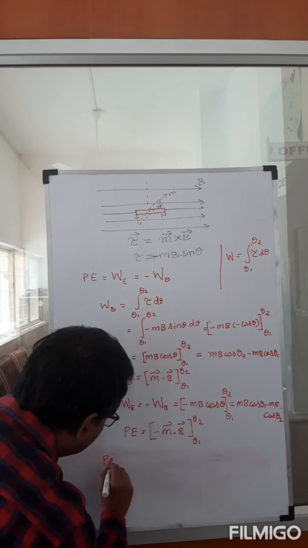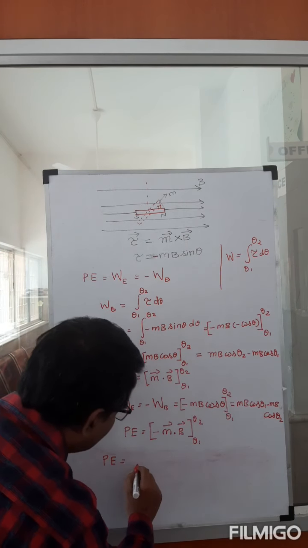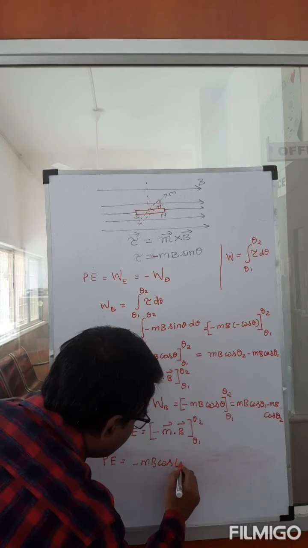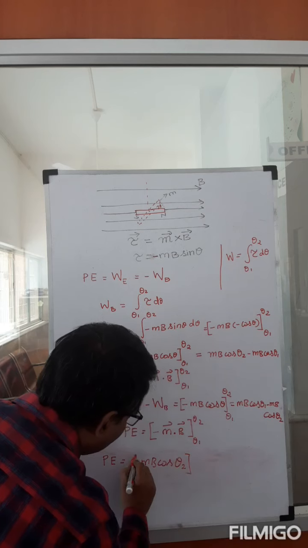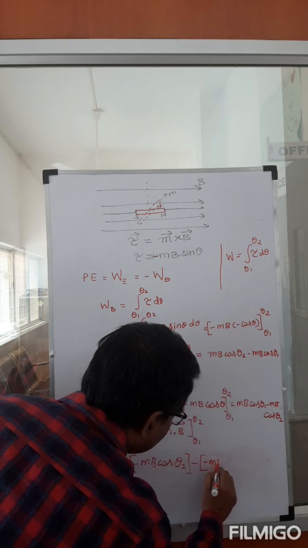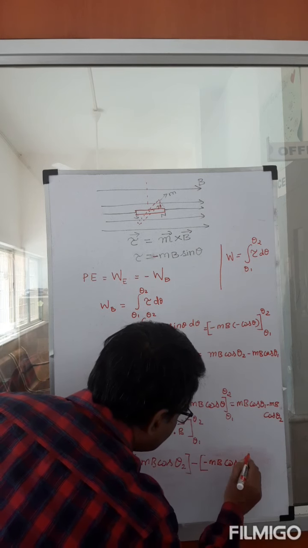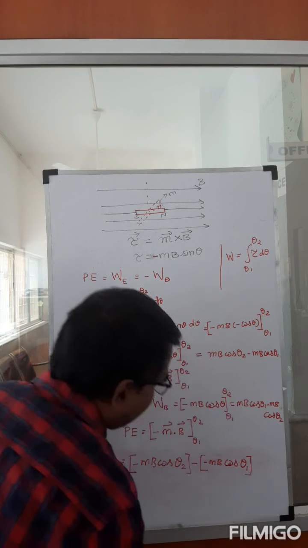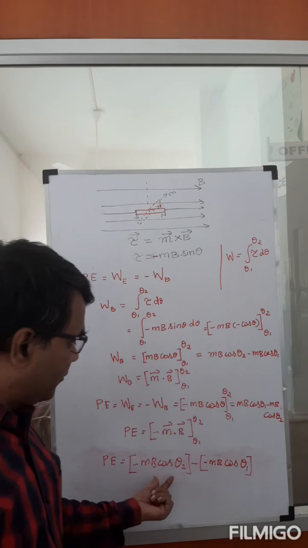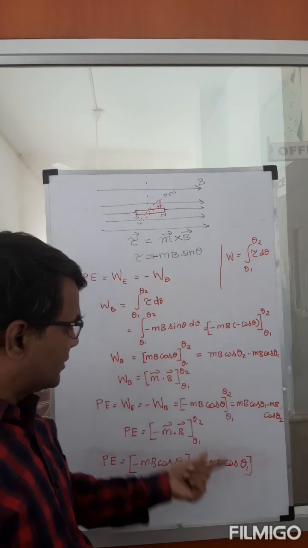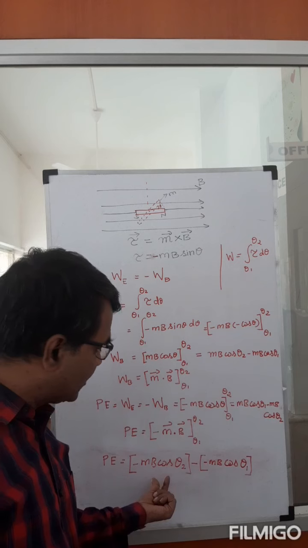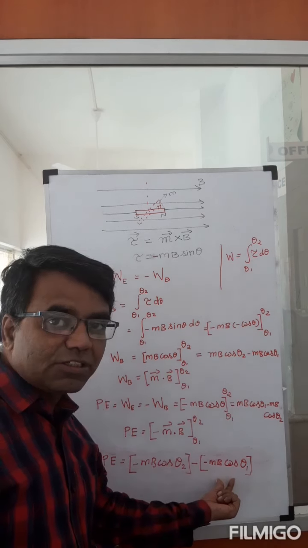So the PE is equal to minus mb cos theta 2 minus the lower limit minus mb cos theta 1. So this is my final angle and this is my initial angle. I say this is my final potential energy and this is my initial potential energy.